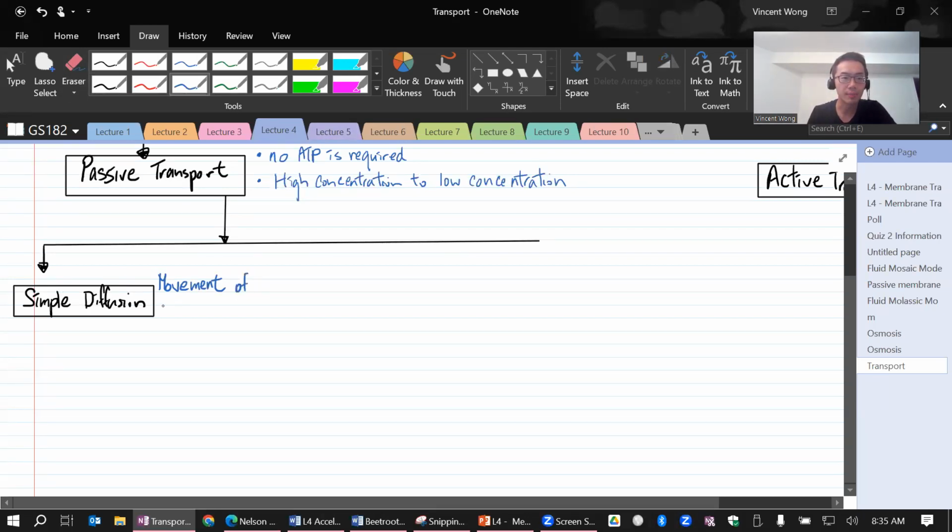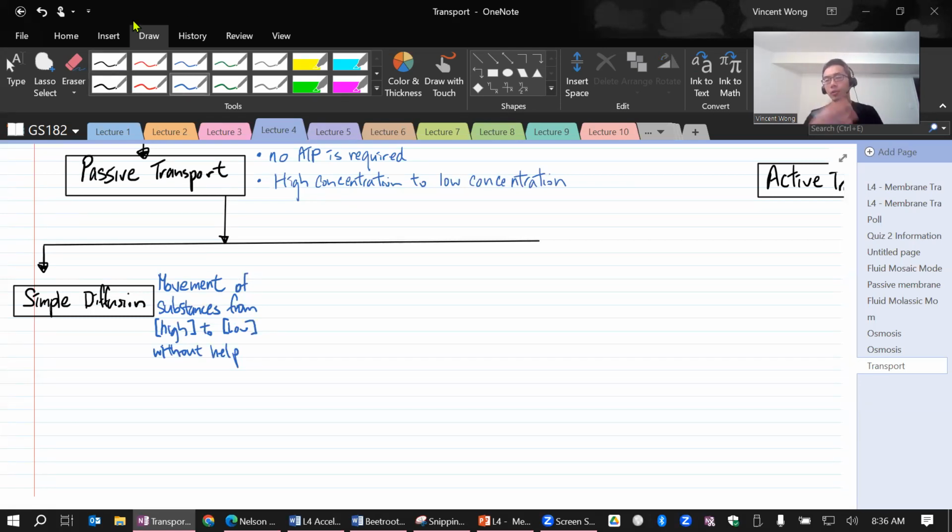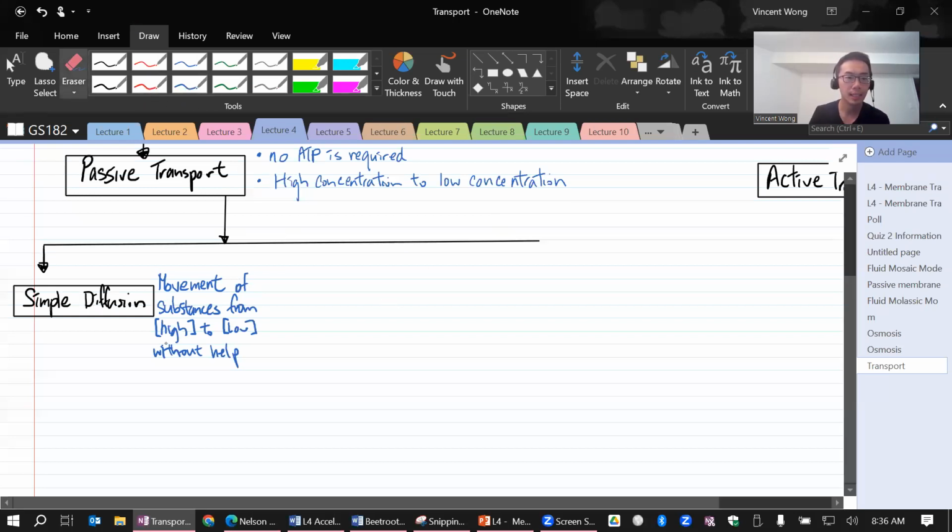Movement of substance from high concentration to low concentration without any help. It just happens on its own. There's no need for support. There's no need for membrane protein to be present, for example.